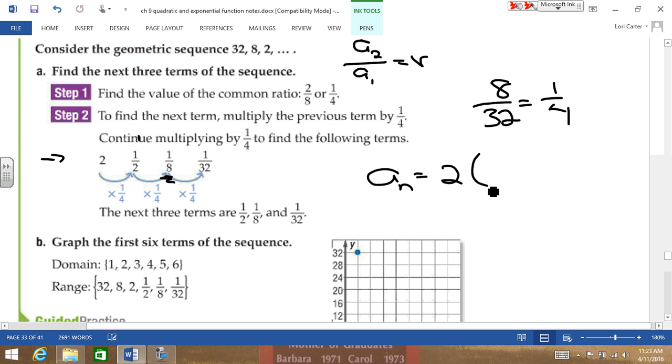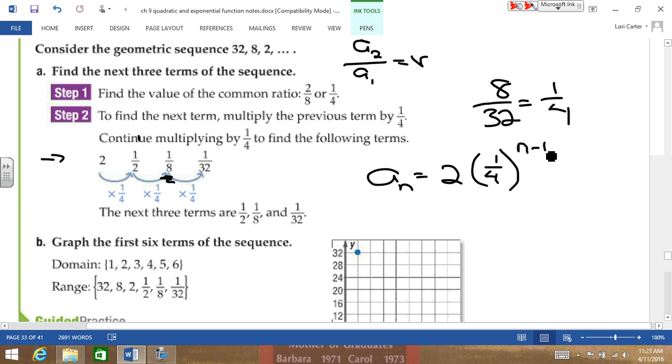What's my ratio? 1/4. And to what power? I want to find any one, so it's not just a number, it's n. N minus what? How many am I short? 1. N minus 1.